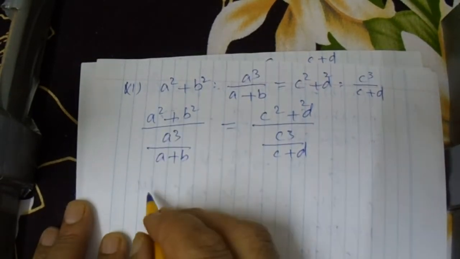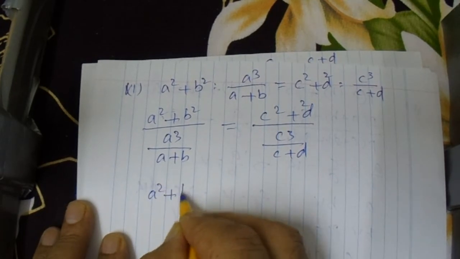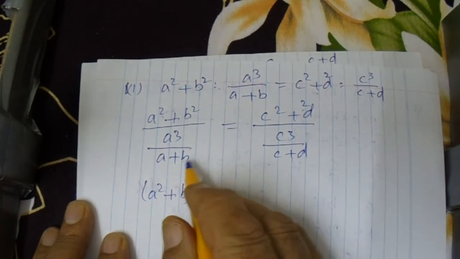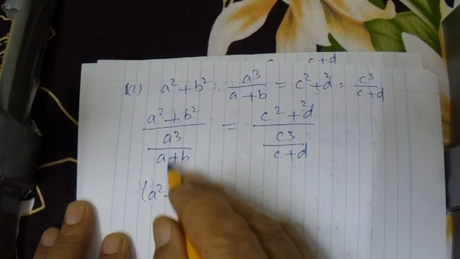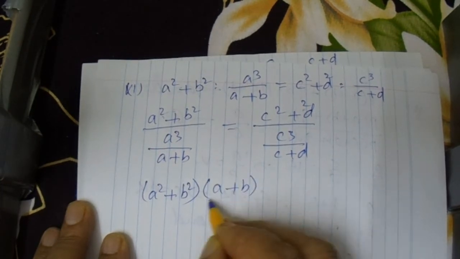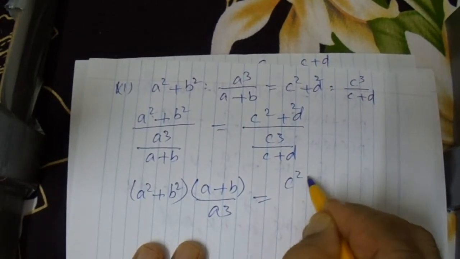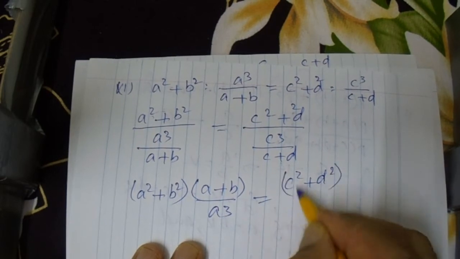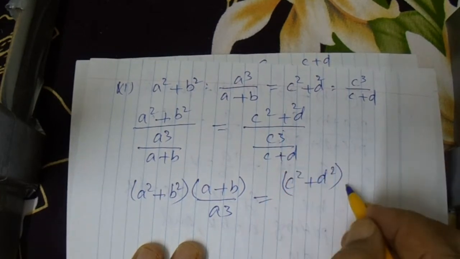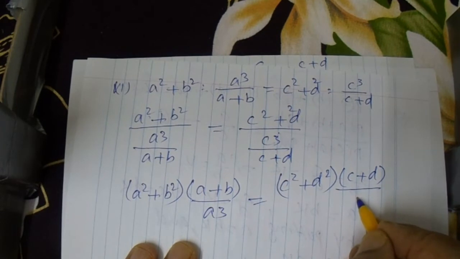And we again write this a square plus b square, now this is fraction over fraction, we write the reciprocal of this, it means into a plus b over a^3 is equal to c square plus d square, and we also this is fraction over fraction, and write the reciprocal of this, it means c plus d over c^3.